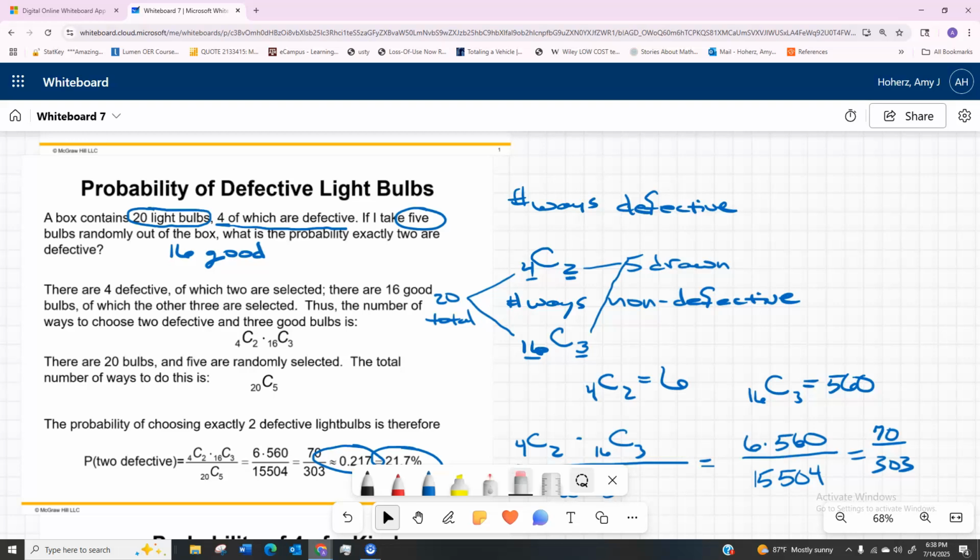That's supposed to be 323. That's what we got when we just computed it. Okay, so this reduces to 70 out of 323, not 303, 323. So 70 out of 323, which is about 0.217, which is 21.7%. You make that look a little nicer.